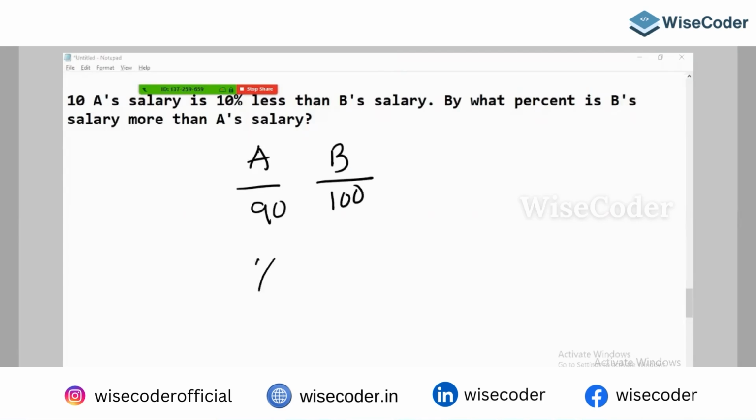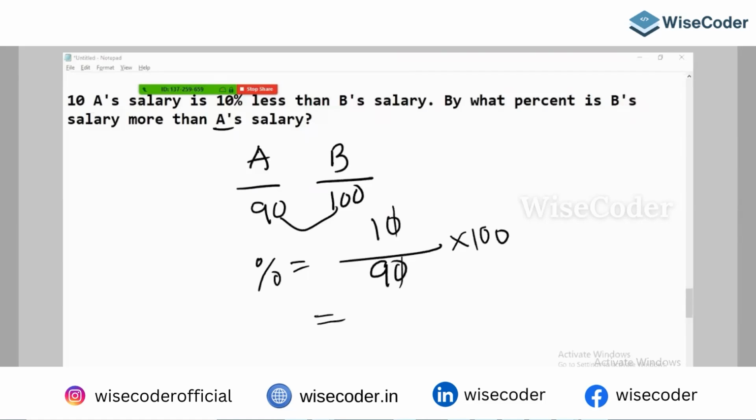Percentage symbol: something in the numerator and something in the denominator, into 100. By what percent is B's salary more than that of A's salary? What will come in the denominator? A. The A value is 90. How much more? 10 more, so 10 will come in the numerator. The zeros get cancelled. 1 by 9.